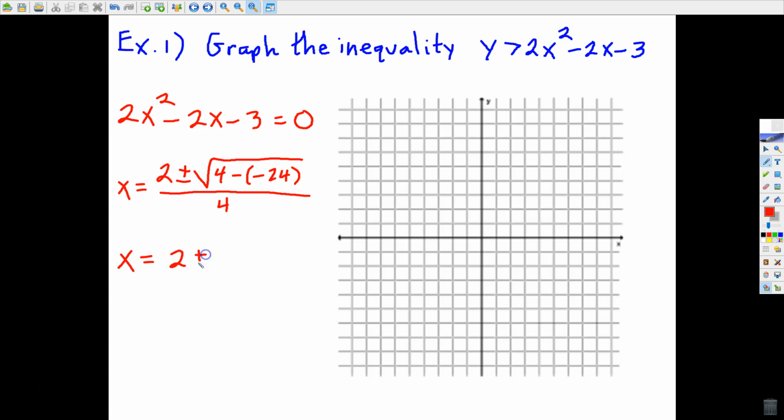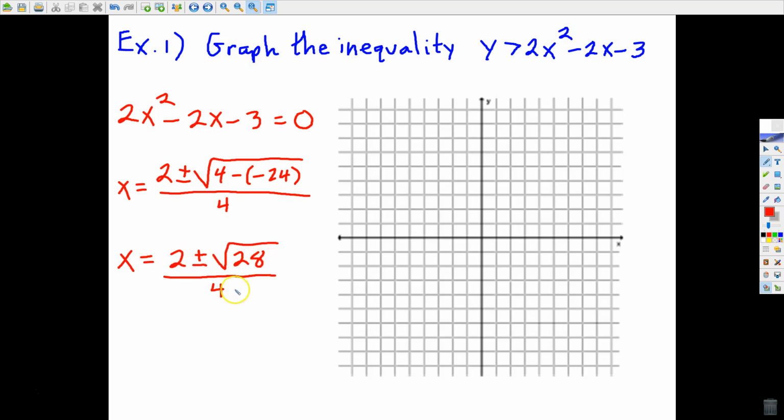And I'm down to this, and I hope you have your calculator handy, because we are going to approximate, since there is no perfect square root for 28, we're not going to get rational number answers. So let's find out what the two decimal results are.